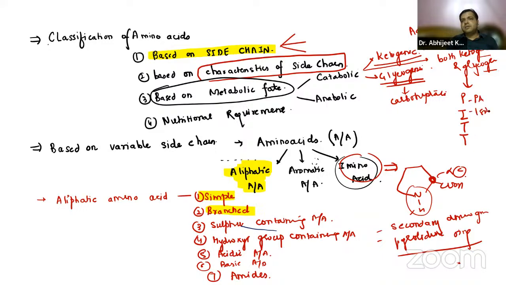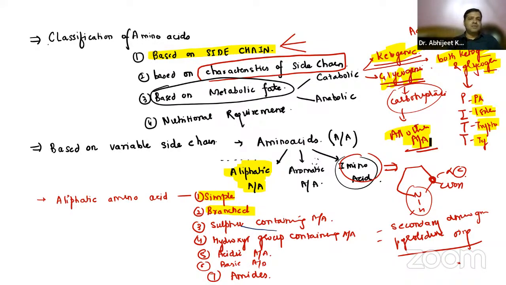Only glycogenic, containing the carbohydrate part, is all other amino acids. So the trick is to remember the two, and the rest follow.